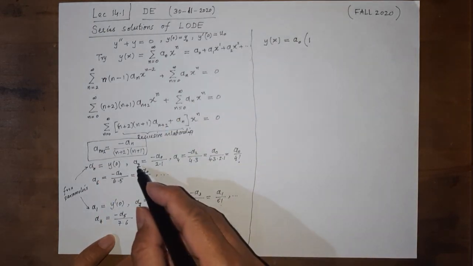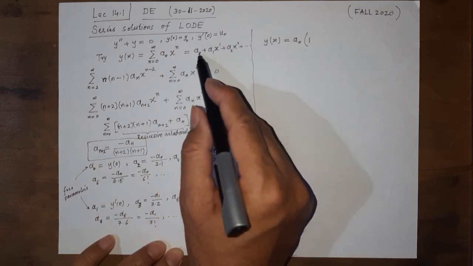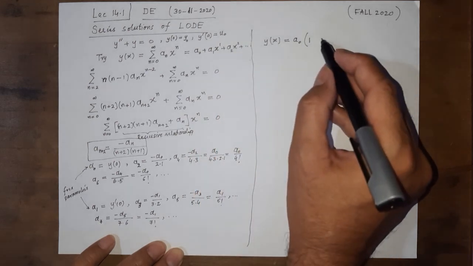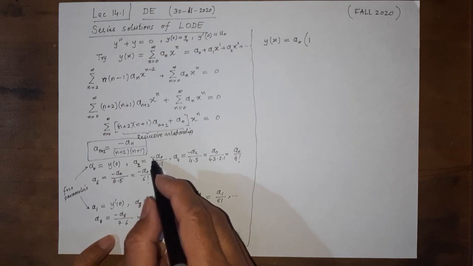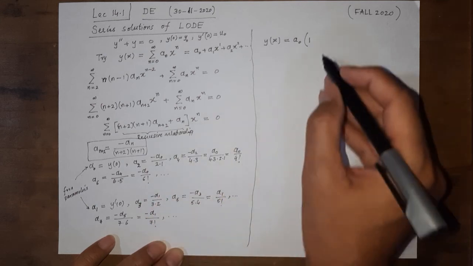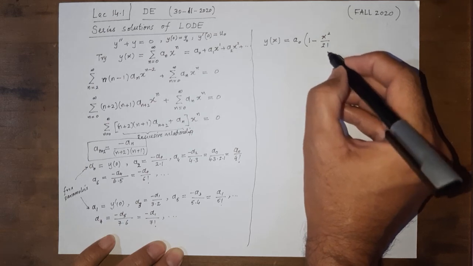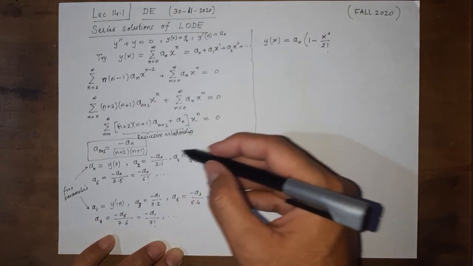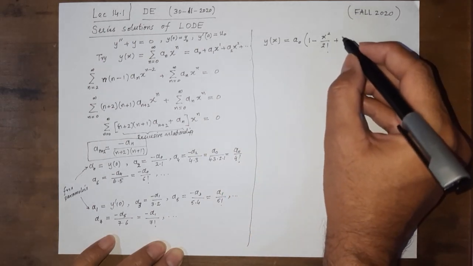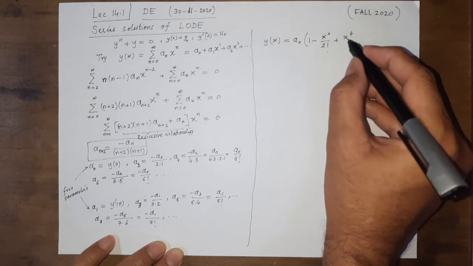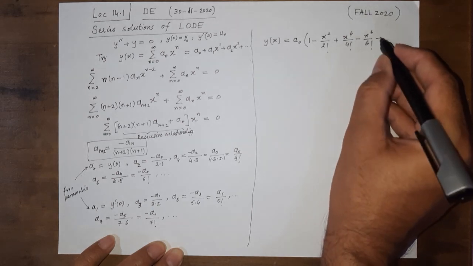The second term in this series, a0, a2, a4 terms, is a2 x square, and because a2 depends on the negative of a0, we get minus x square over 2 factorial, and the a4 term is plus x4 over 4 factorial, minus x6 over 6 factorial, and so on.